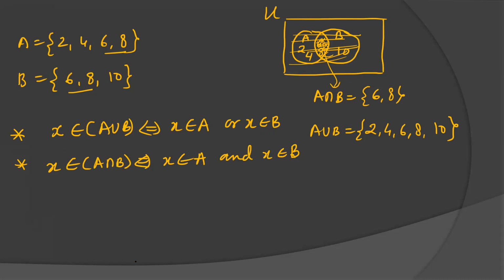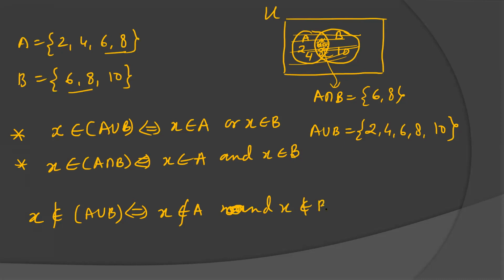What will happen if it does not belong? If X is not belonging to A union B, it means X is neither in A nor in B, which means X is not in A and X is not in B. Then only it will not be in the union. If any element is not in A union B, you can see in the Venn diagram also.